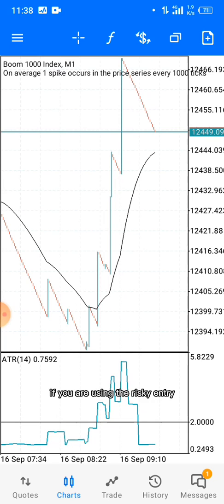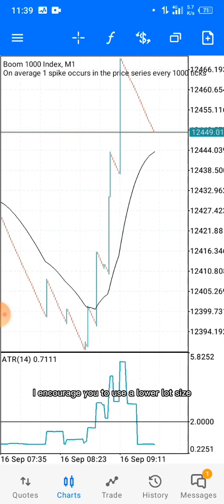If you are using the risky entry, since you'll be getting more entries, I encourage you to use a lower lot size, depending on your account size, but maybe $1 or 50 cents lot size. But if you are using the conservative method, since you get way less entries, you have to use a larger lot size, because you won't get many entries.